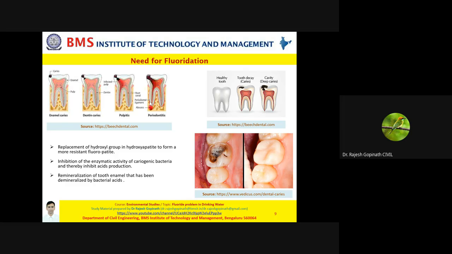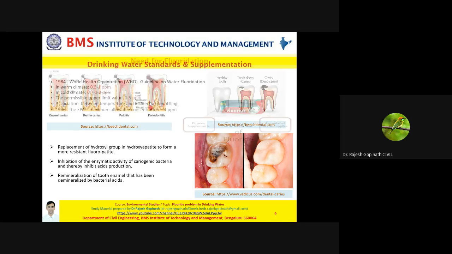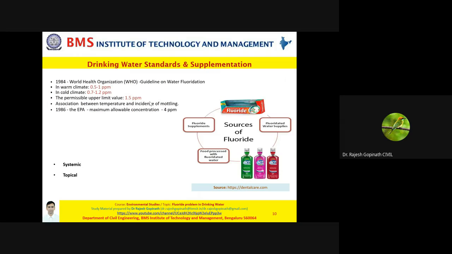Friends, with this understanding, let me tell you that in the drinking water, the fluoride level must be at least 0.75 ppm to about 1.5 ppm. Below 0.75 ppm, the cases of dental caries would aggravate. Now, how do we go about ensuring that we have fluoride in our drinking water or our supplement?